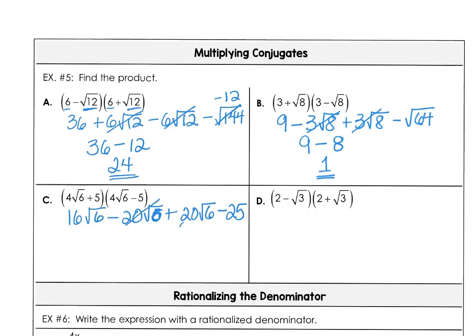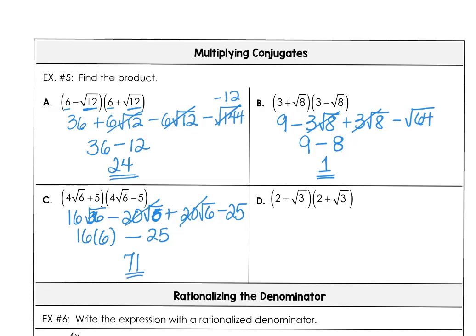So these are eliminated, and this would be 36, missed that, 16 times 6, and minus 25. So this is 96 here. 96 minus 25 makes 71.